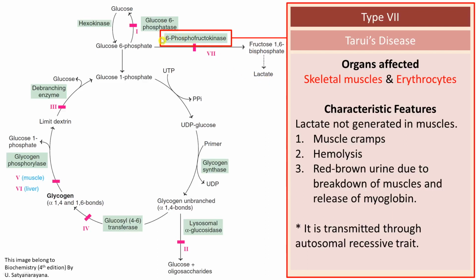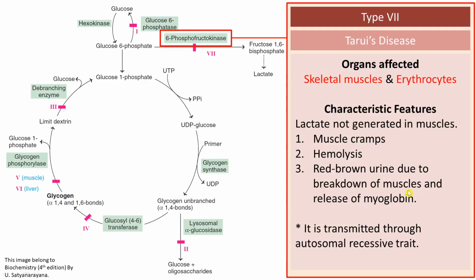And if there is deficiency of 6-phosphofructokinase enzyme, then the lactate will not be generated in our skeletal muscles under anaerobic conditions. And if lactate is not generated in our muscles in anaerobic condition, then there will be generation of muscle cramps, there can be hemolysis, and there can be occurrence of red-brown urine due to breakdown of muscles and release of myoglobin.